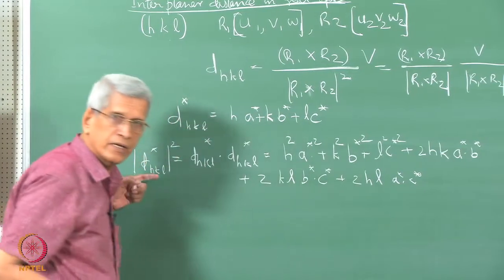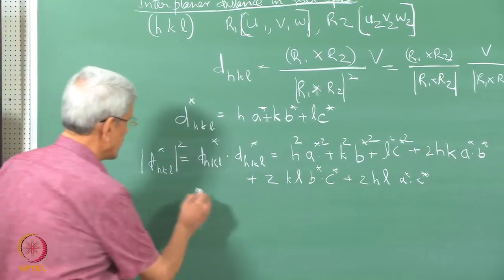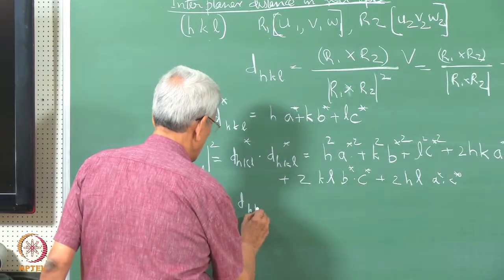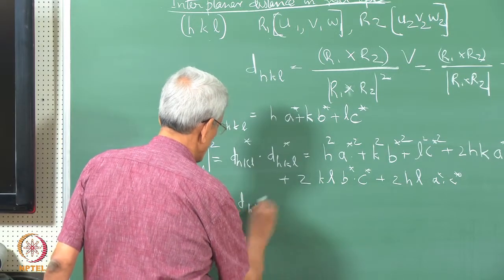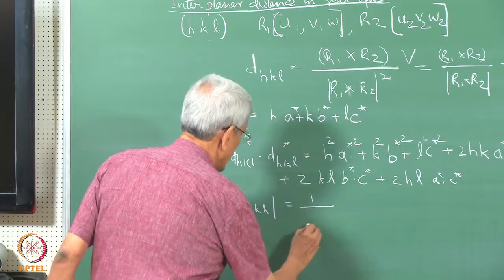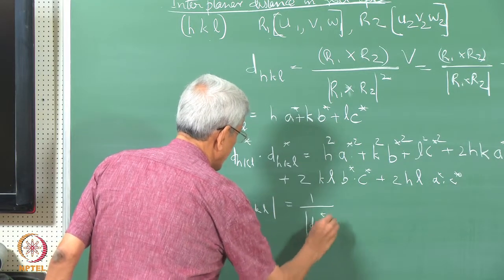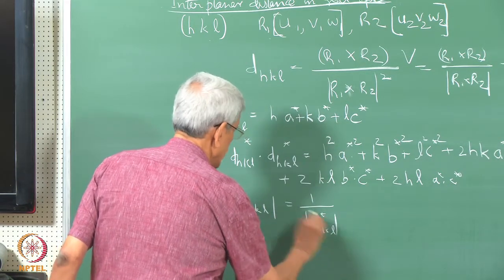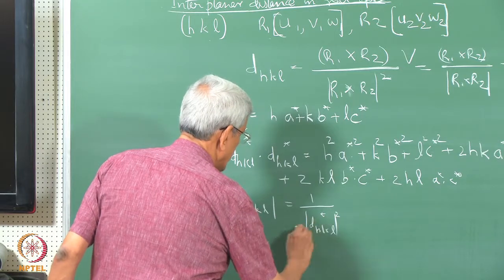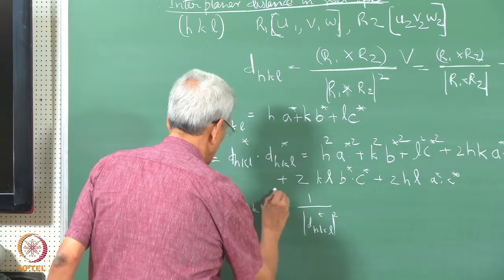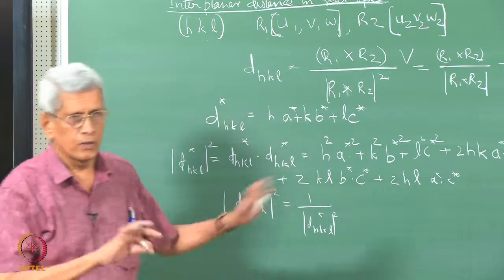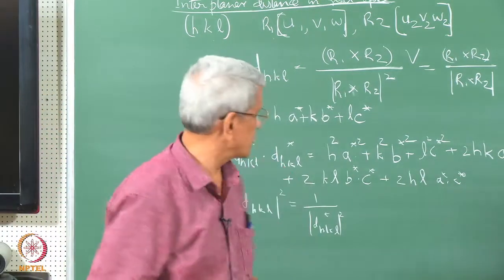And we know that once we have this magnitude of d star HKL, it is essentially going to turn out to be 1 by DHKL, correct, that whole squared. So, using this relationship you can find out.